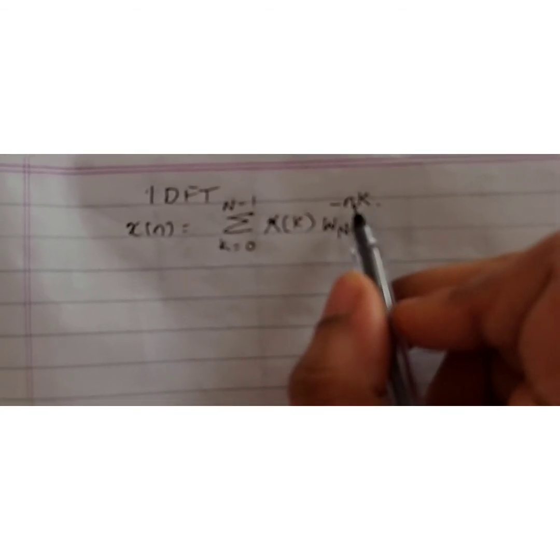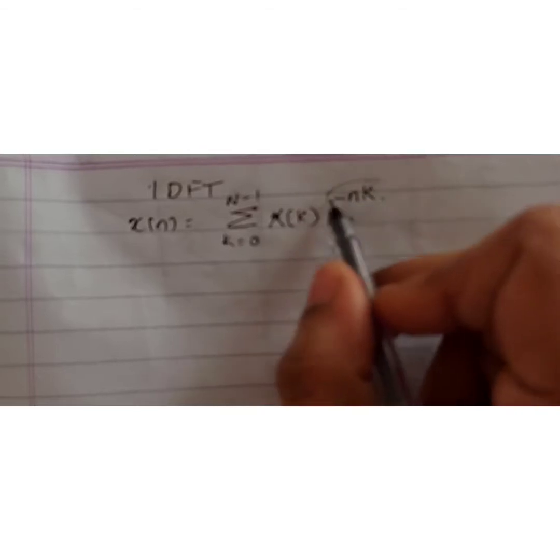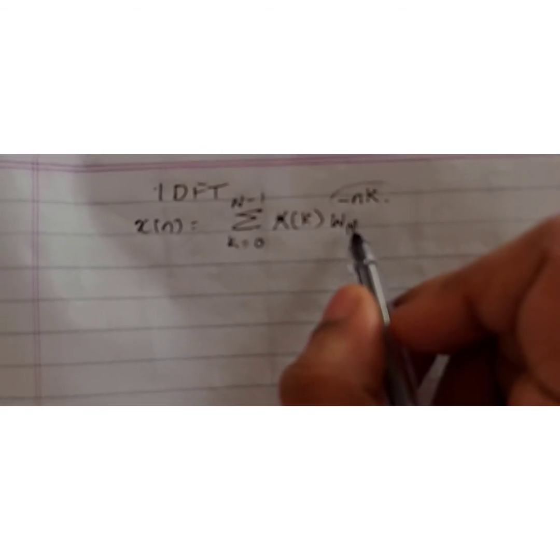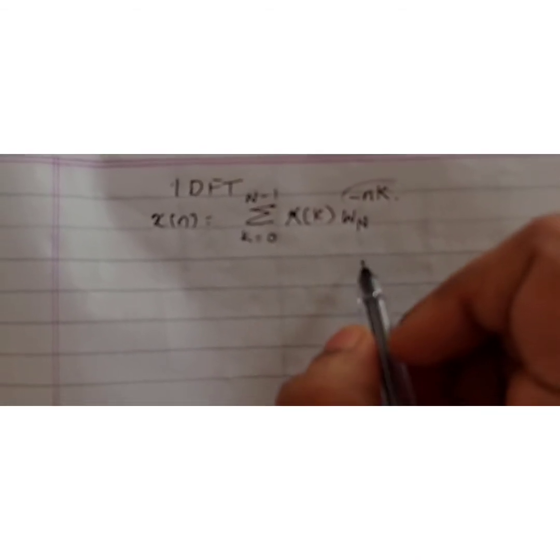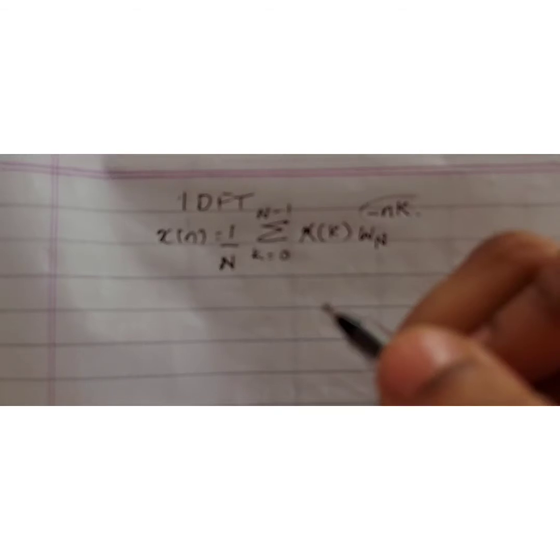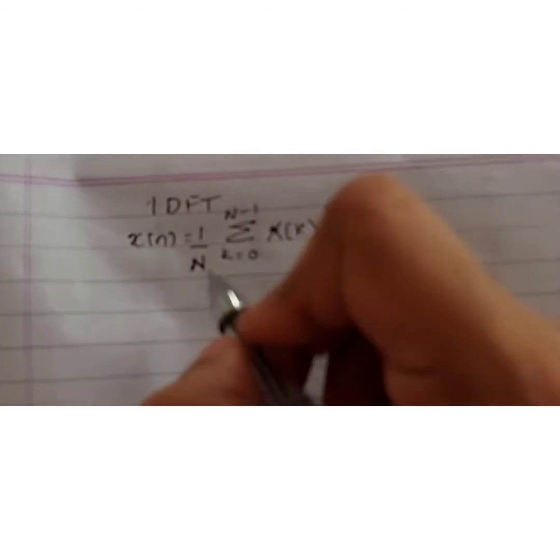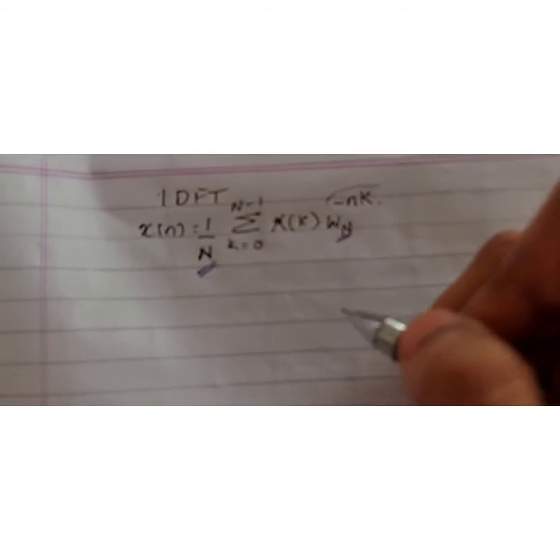The twiddle factor, you will use your negative power. So instead of wherever you have W4, okay, an important thing here is your 1 by n. Another important thing. So two things that you need to concentrate. One is this and one more is this. Your twiddle factor and your 1 by n. So these two things you consider, and we will use the same butterfly structure.